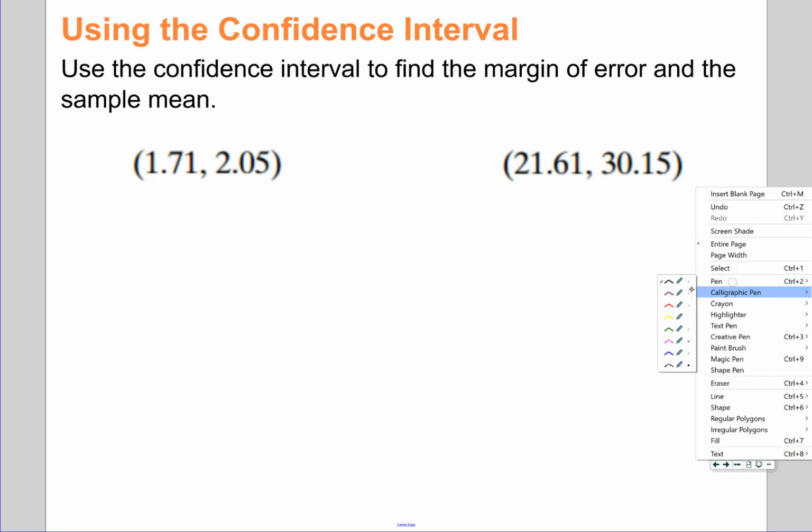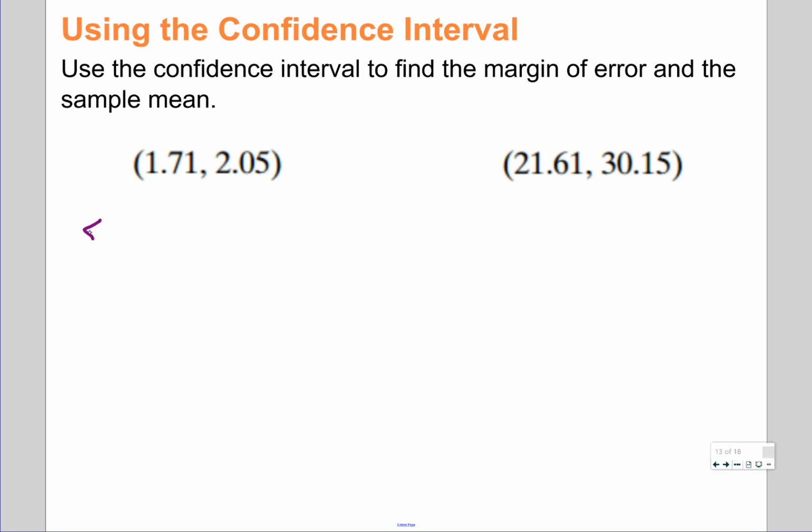You have the interval. You can almost make a little picture of it in a number line if you want to. You've got 1.71 on the bottom, and you've got 2.05 on the top. As far as where the mean or X bar is located, it's just going to be the middle, or your midpoint of those two values.